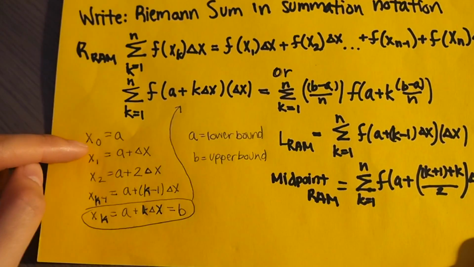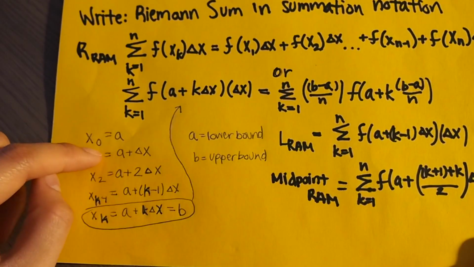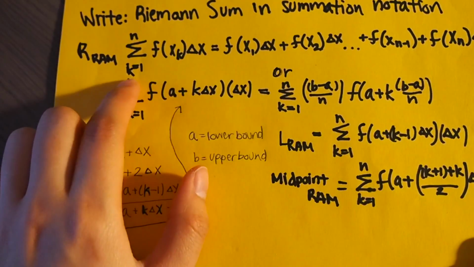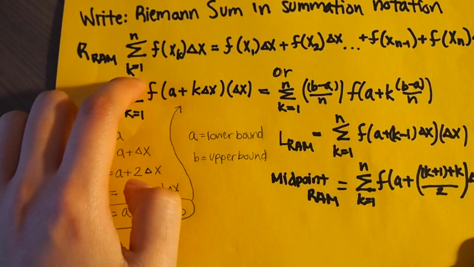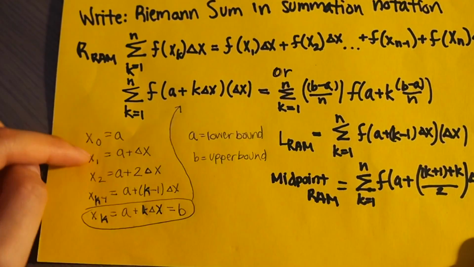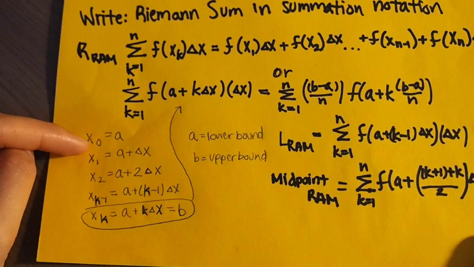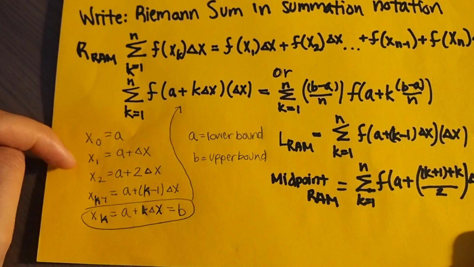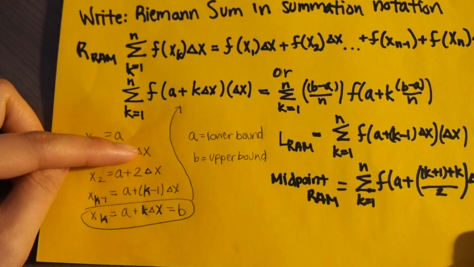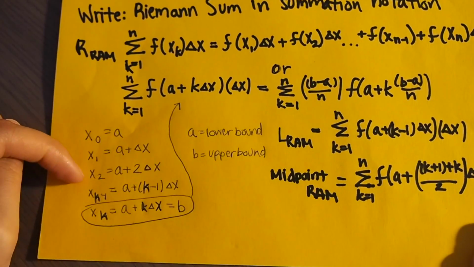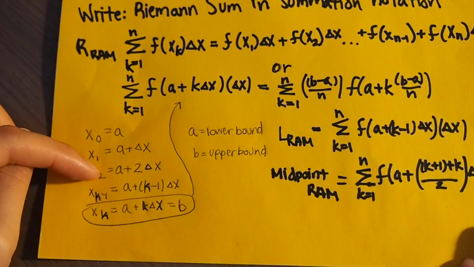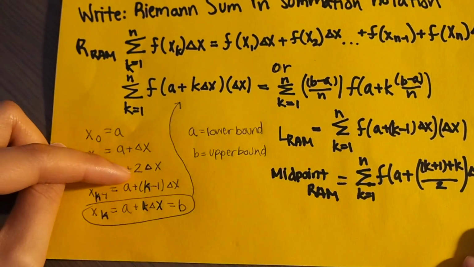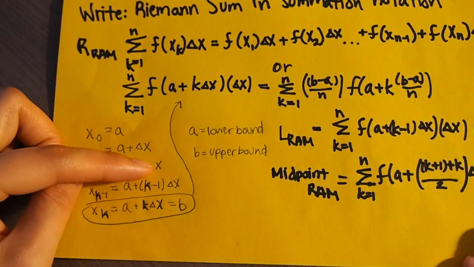Being that this is x sub 0, it's basically the lower bound of our sigma notation, so x sub 0 would equal a. That means x of 1 would just be a plus that delta x, and then x sub 2 would just equal a plus 2 times that delta x.